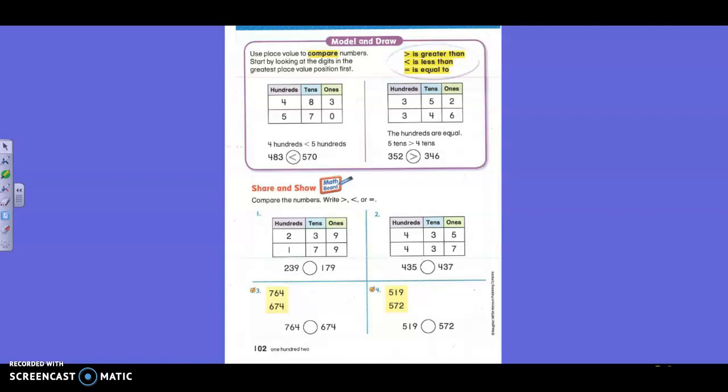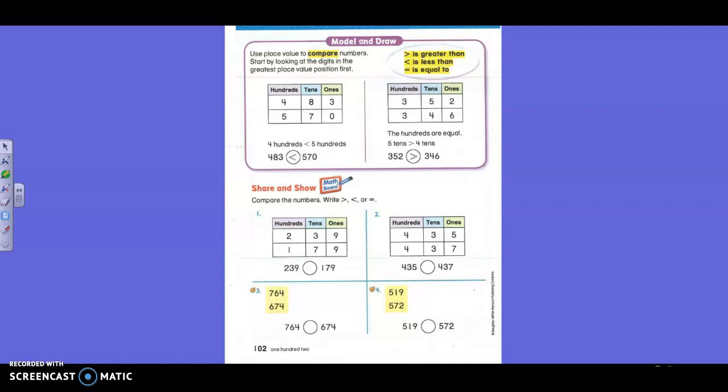Boys and girls, you are doing alligator mouths today. Okay? The mouth is open and eating, getting ready to eat the bigger number. So you open to the bigger number.